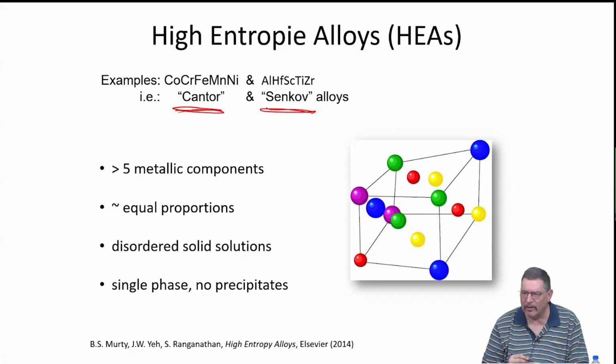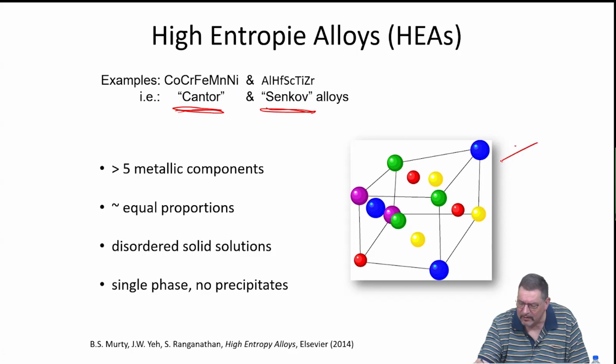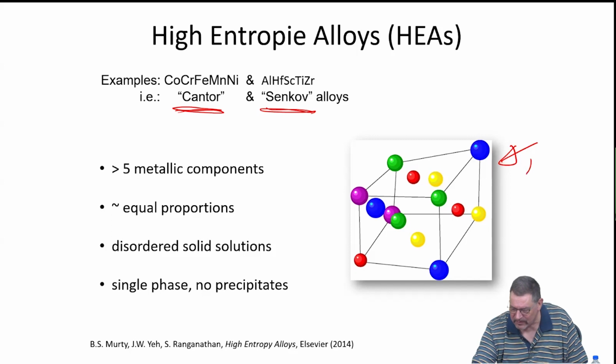So they are true high entropy systems. They can be obtained as single-phase solid solutions. They have 5 components. And this thing here signifies an artist's view of why they are important, because of lattice distortions.